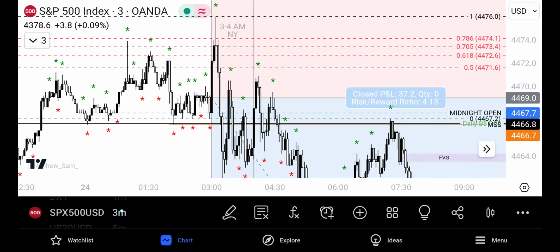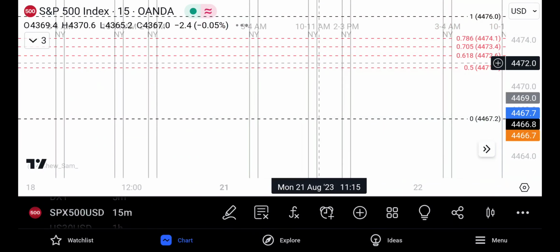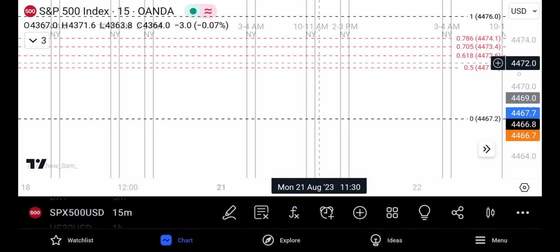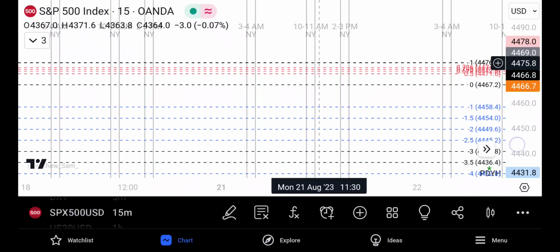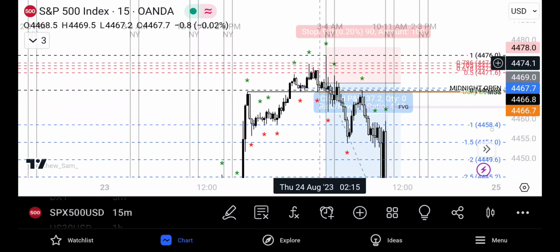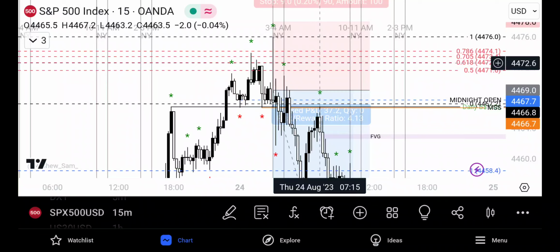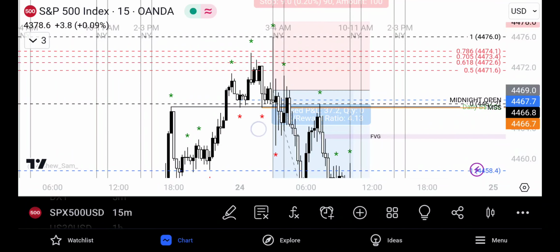Basically with the silver bullet, guys, I know it's supposed to be biased, but what I found to help with the silver bullet, and hopefully this will help you guys as well, is to follow the 15-minute time frame order flow, or rather market flow.